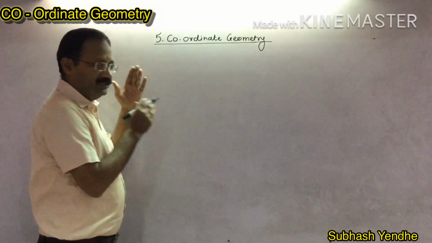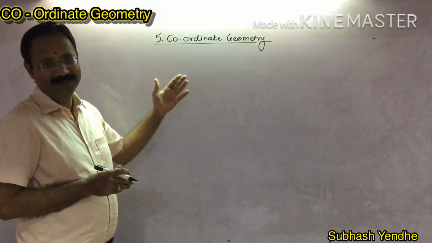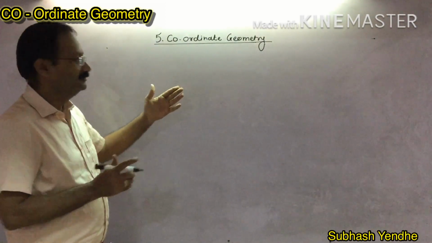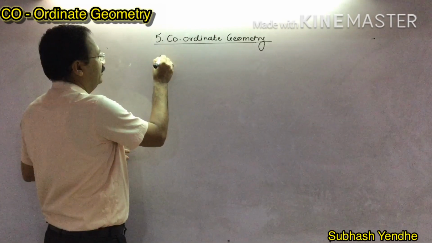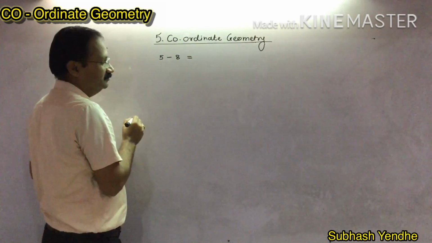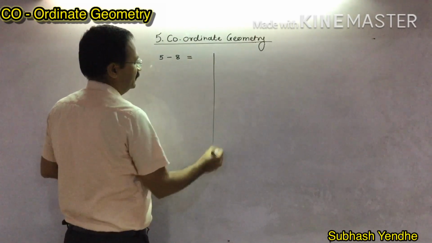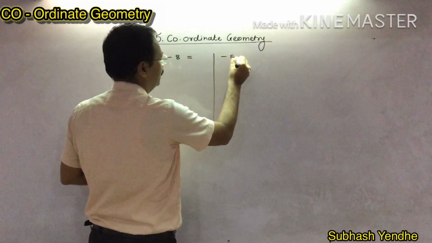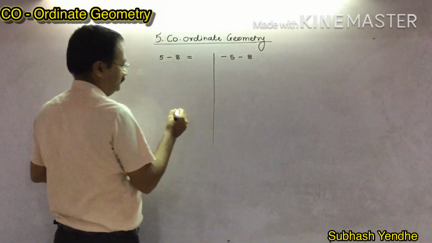Okay. So in 7th standard, 8th standard and 9th standard you have studied this one. 5 minus 8, this is the first sum. Then minus 5 minus 8.